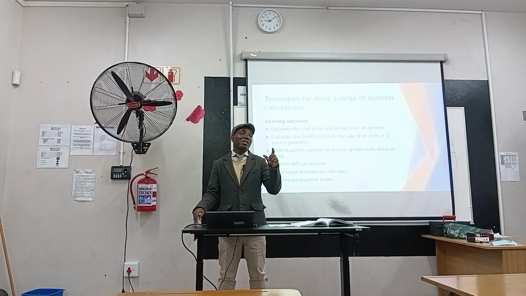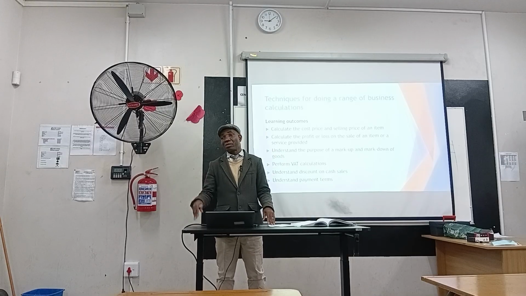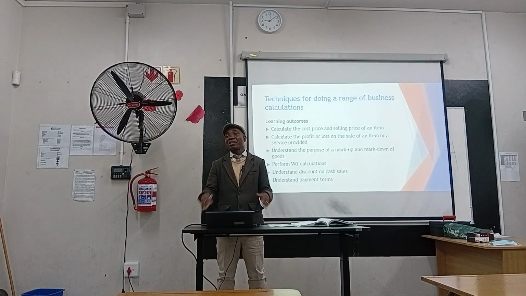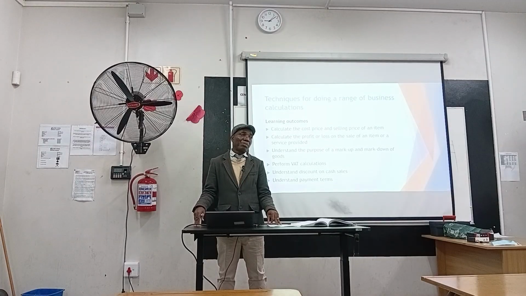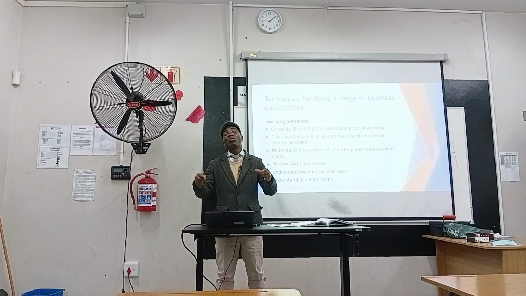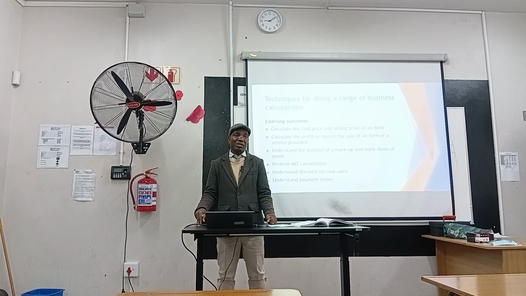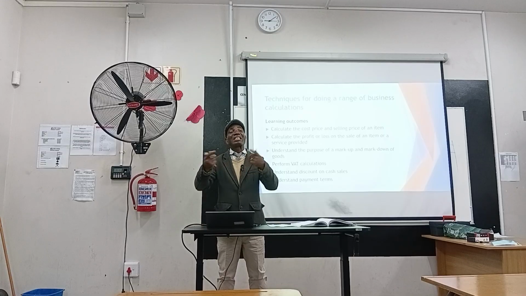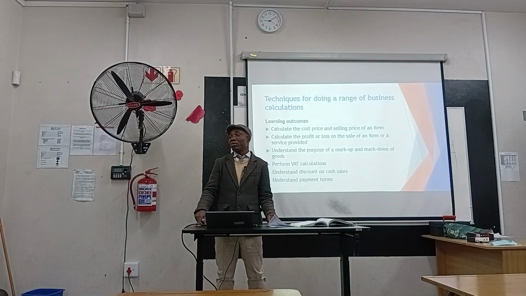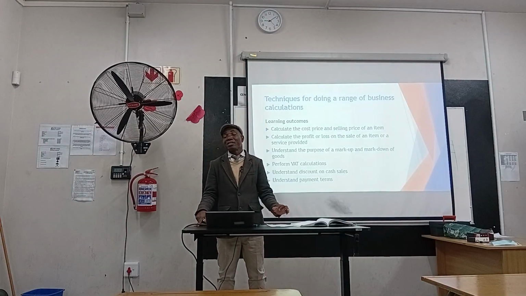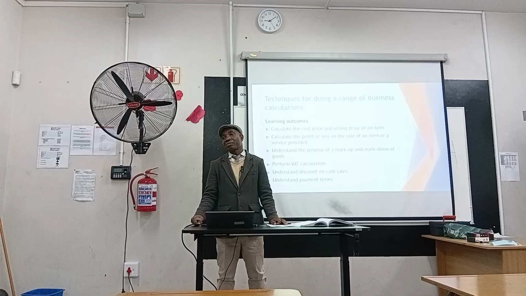I'm not going to sell them at the same price I bought them, so I need to put a certain amount on top. So the cost price is the amount it costs me to buy the article, and the selling price is the price I'm willing to sell it at to other people. Does it make sense to you? So now you know the difference between cost price and selling price. Who doesn't understand?